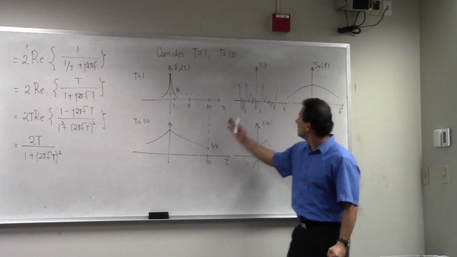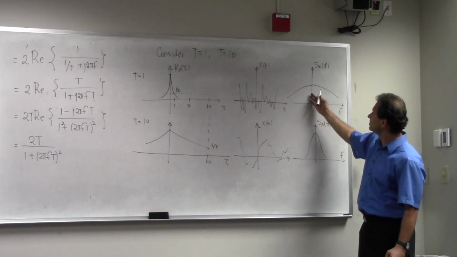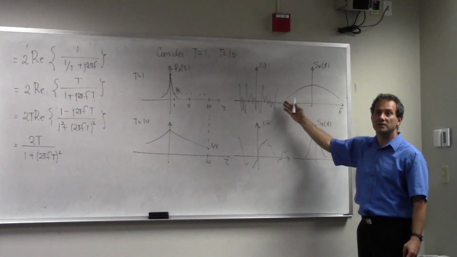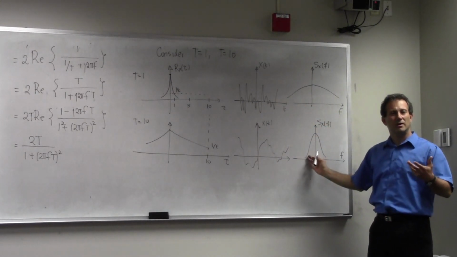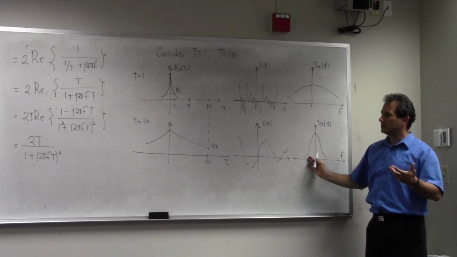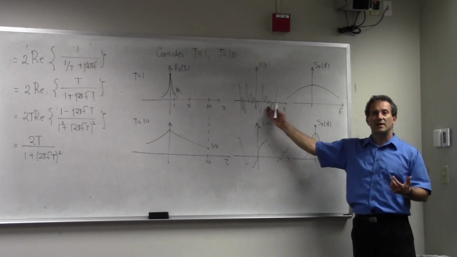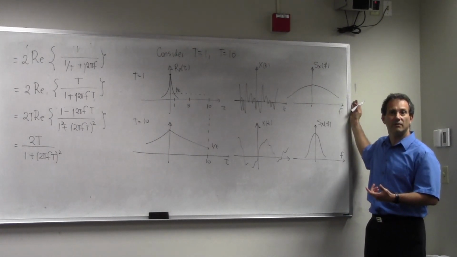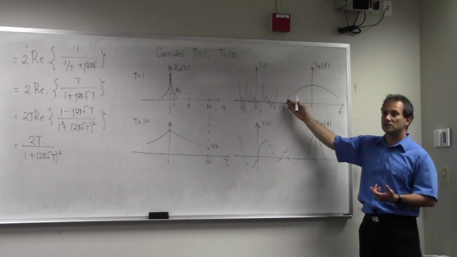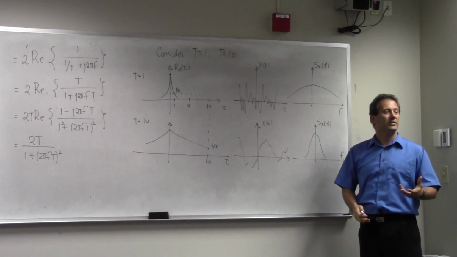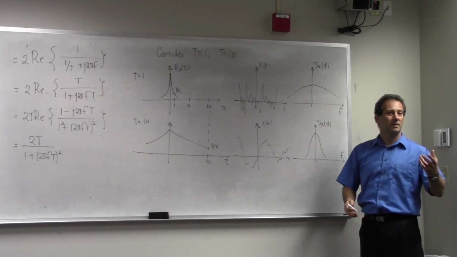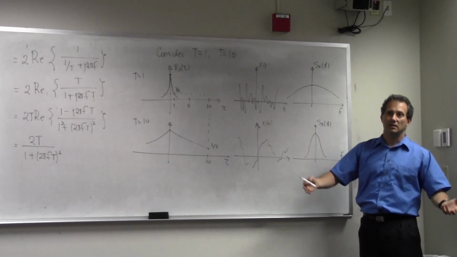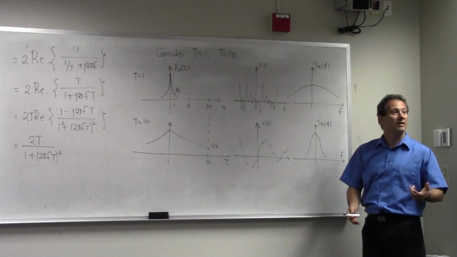But once I know it, I actually know the behavior of the power spectral density, which tells me what sinusoids I need to build this signal. And this should be intuitively familiar to you. This signal is fast. Therefore, to build it, I need sinusoids of high frequency. If I'm building something that is changing fast, I need fast building blocks. I cannot build fast changing signals using DC components. I need high frequencies.